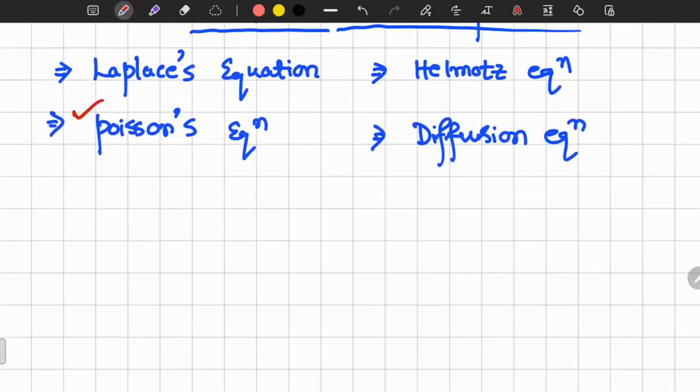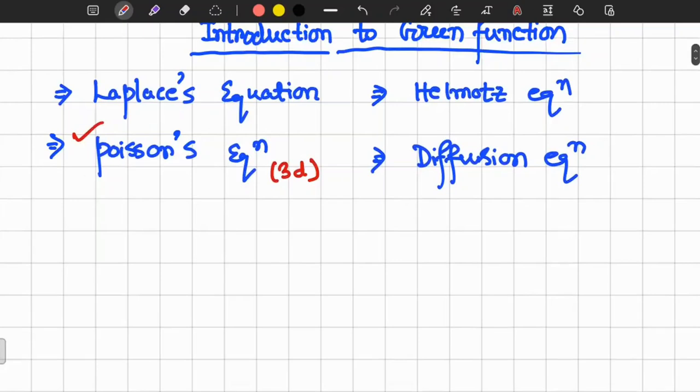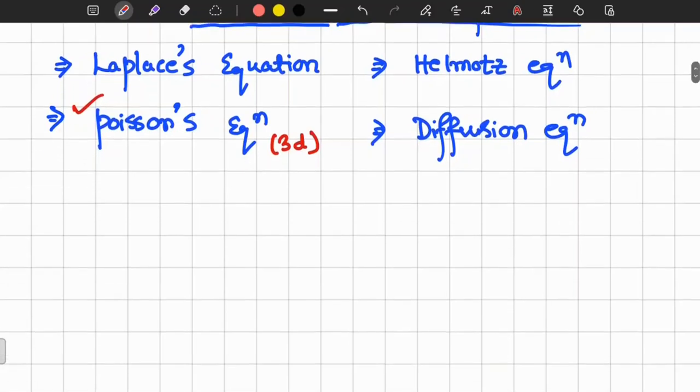We'll solve the Poisson equation in three dimensions. We can also discuss D dimensions in the last part if time permits. Otherwise, we will solve the Poisson equation in three dimensions using the Green function method.